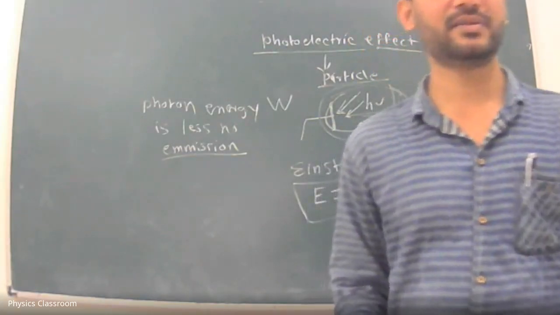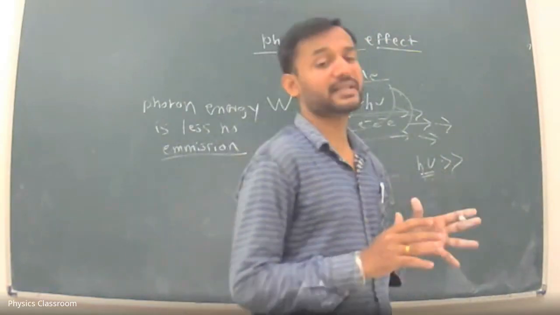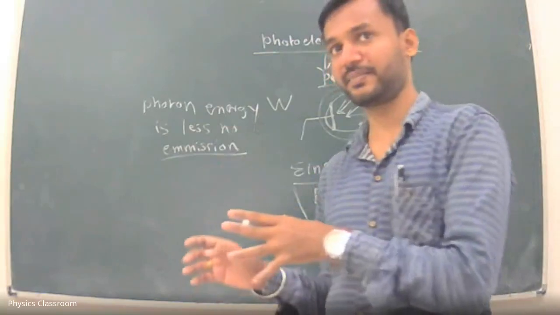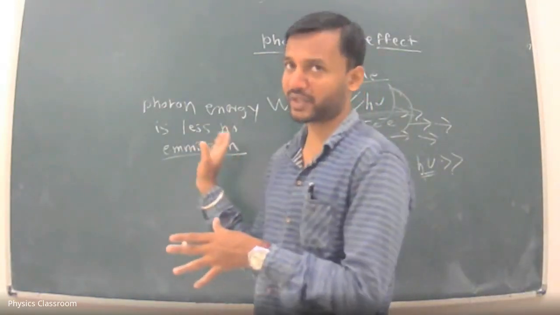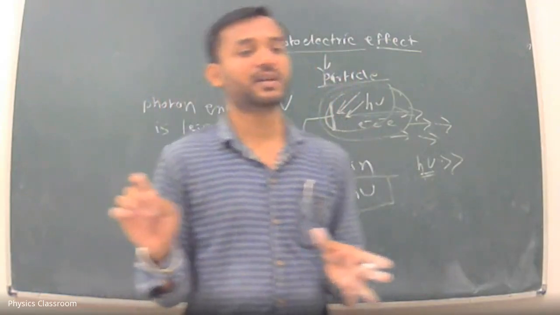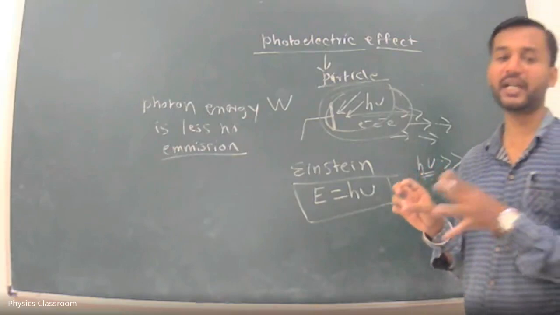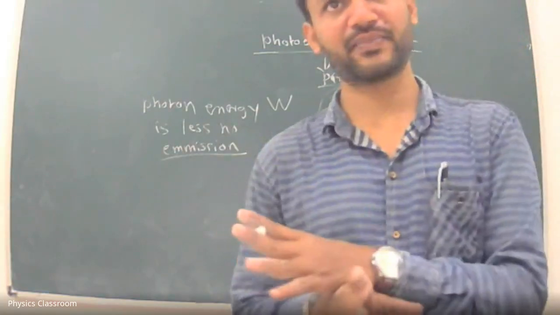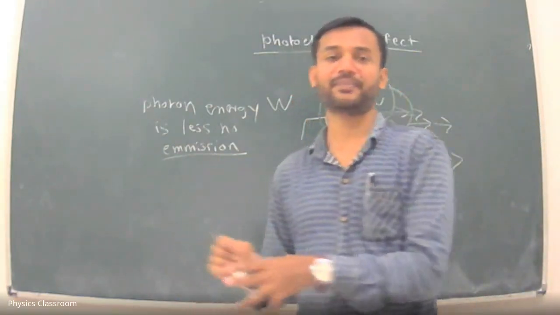Second, the energy is independent of the intensity of incident radiation. It means the energy of the photoelectron is independent of the intensity of the incident radiation.